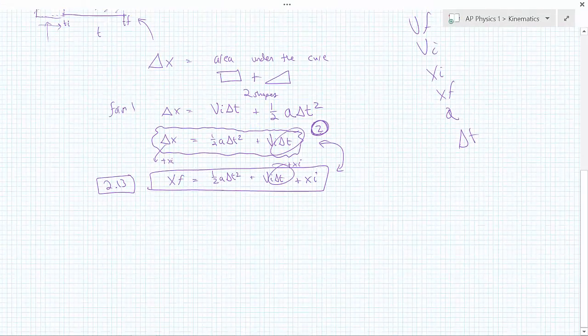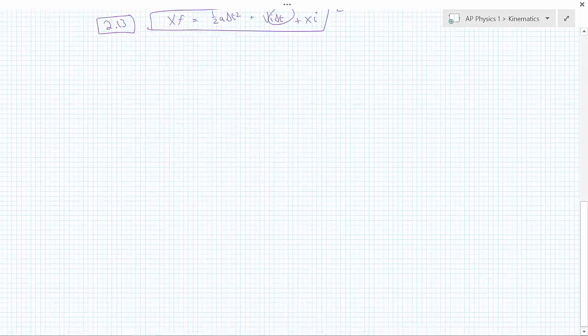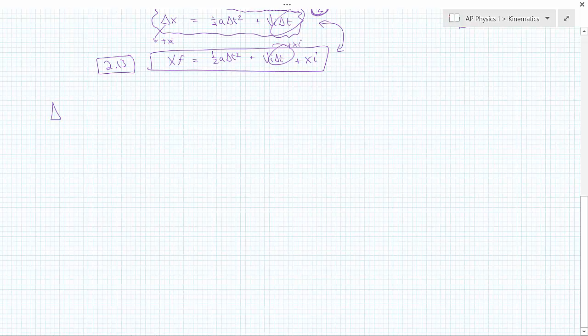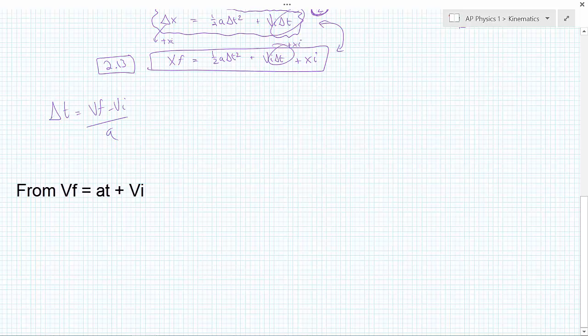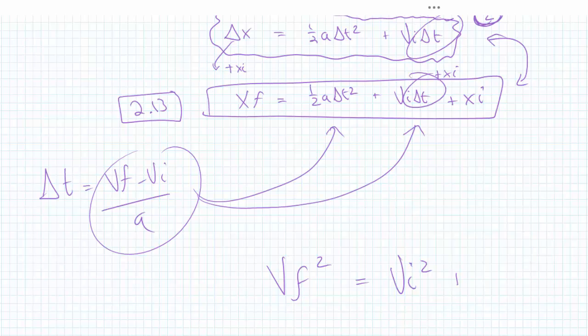So what we can do is we can take our original equation, number 1, and rearrange it to solve for delta t. So when I do that, delta t is equal to Vf minus Vi over A. And if I plug that in for delta t here and here, and I reduce this down, I'm not going to go through all the steps, but if you do that, you're going to get a new equation, and when it's rearranged, it's going to be Vf squared is equal to Vi squared plus 2A delta x.